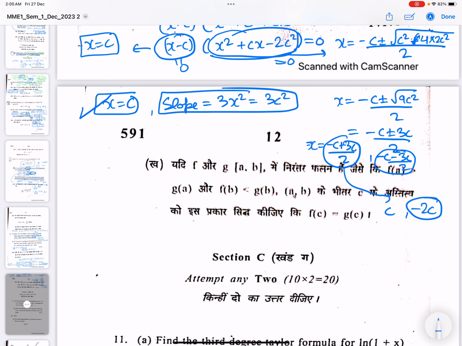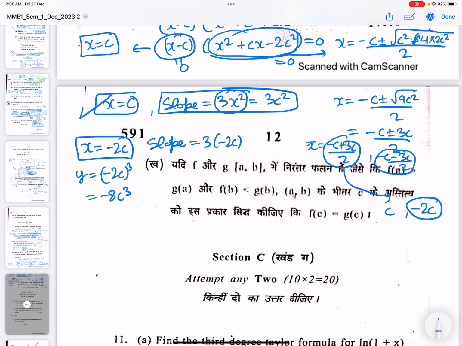Now if x is minus 2c, y is minus 2c whole cube, which is minus 8c cube. Now the slope is 3x square, so 3 times minus 2c whole square, which would be 12c square.